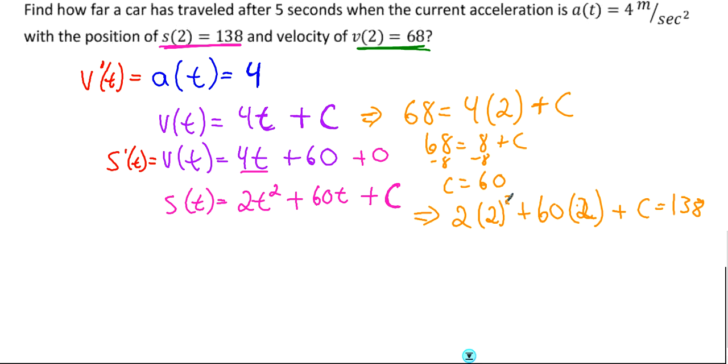So 2 squared is 4. 4 times 2 is 8. Plus 60 times 2, which is 120. Plus c equals 138. Then we get c by itself. So we subtract 8, we subtract 120. On this side, we're subtracting 128, which means c equals 10.